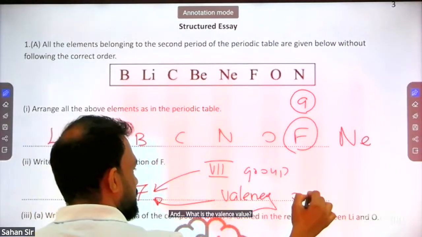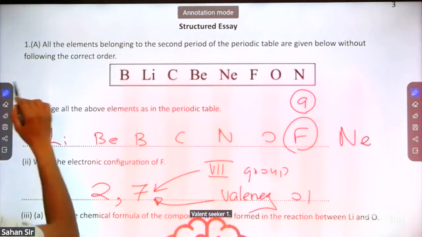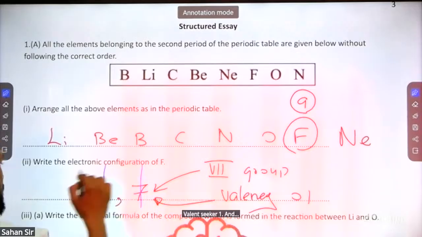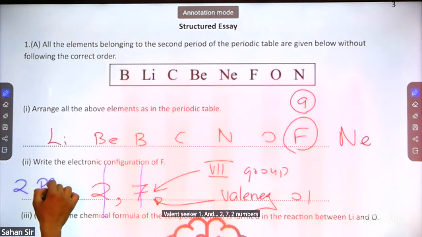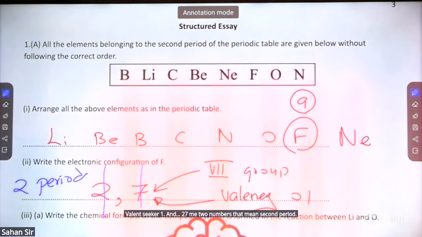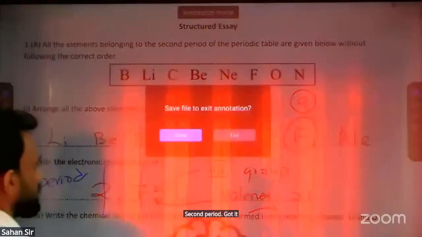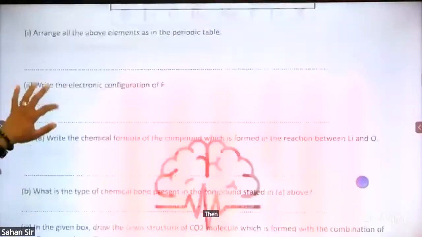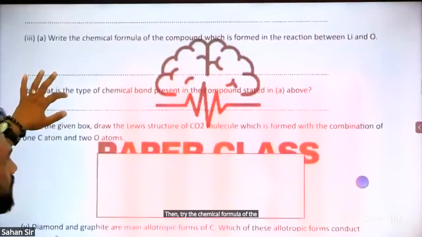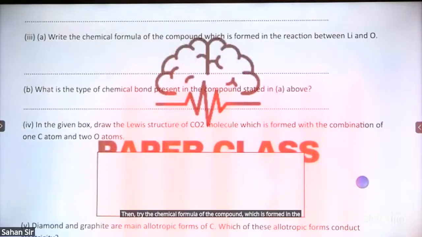Valency equals 1. And 2,7 means 2 shells, that means second period. Got it?